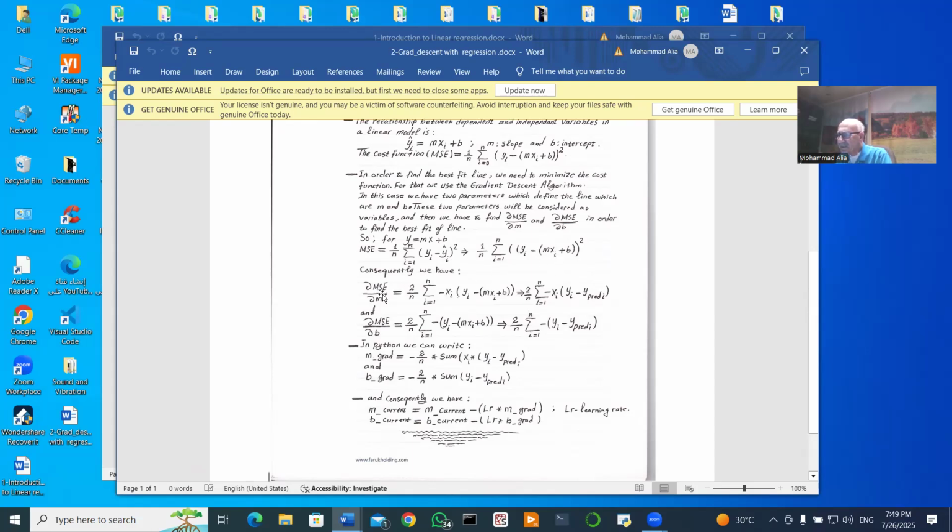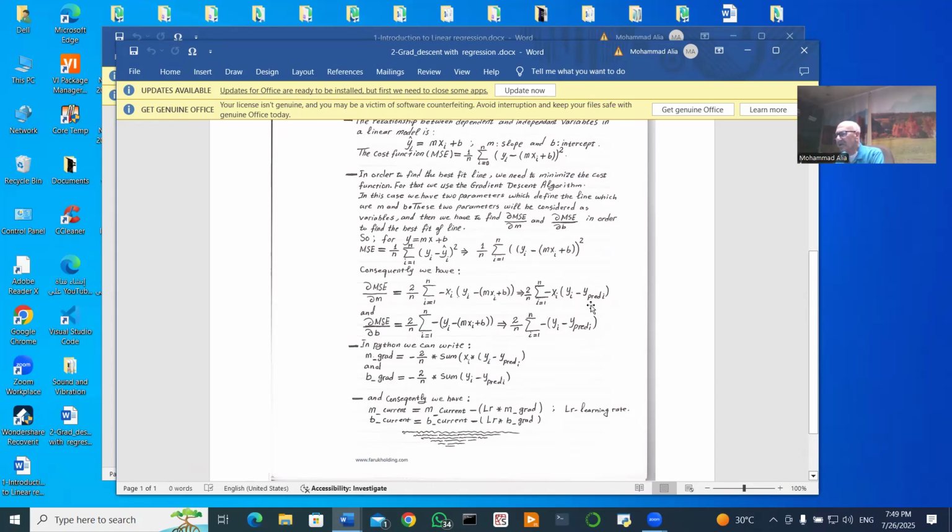If we take the derivative by m, here it is squared, we have 2 divided by n. It will be minus xi, so minus xi multiplied by yi minus (mxi plus b). Or you can write it as 2 divided by n, the sum of minus xi, multiplied by yi minus y predicted.